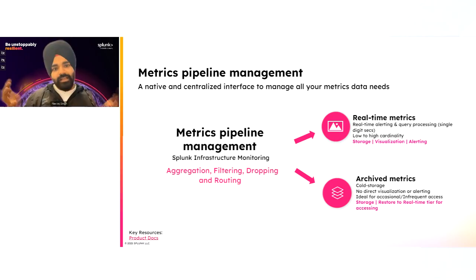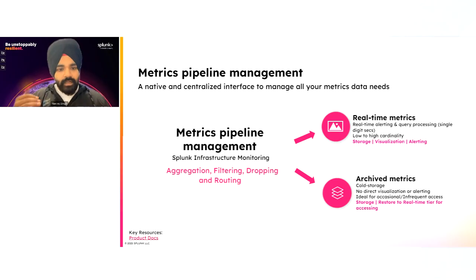Now, the good thing is Splunk Observability does not charge you on ingest. So even if you are bringing a lot of volume on metrics pipeline management, we only charge for the data that is MTS level. So it is a really good benefit that you can use metrics pipeline management to actually aggregate, filter, or drop the data within the product rather than going to the config level core changes on the OTel side.